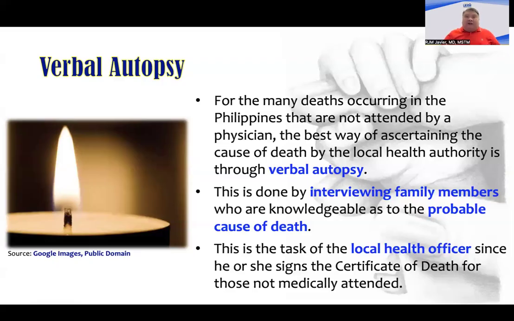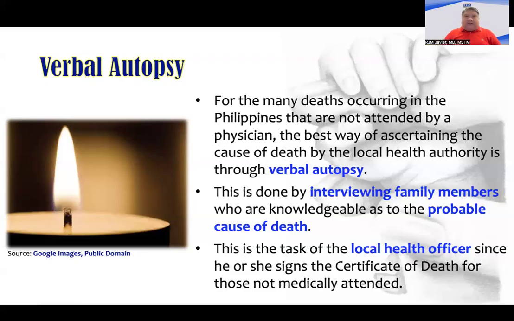So the next office day for the city health officer will be November 3. So that means for the next 4 consecutive days, there will be no certificate of death. What if, for example, the patient died of highly communicable diseases and you need to cremate or bury the body immediately?